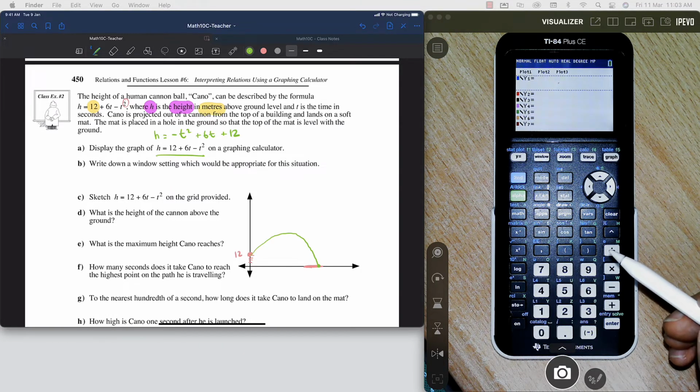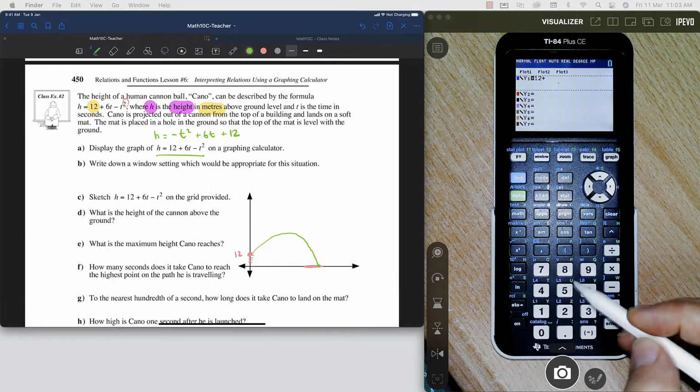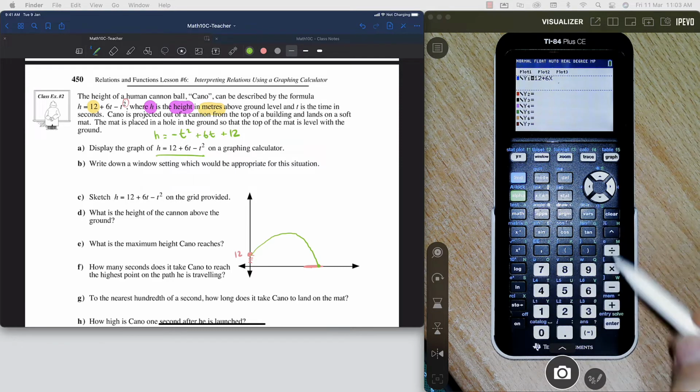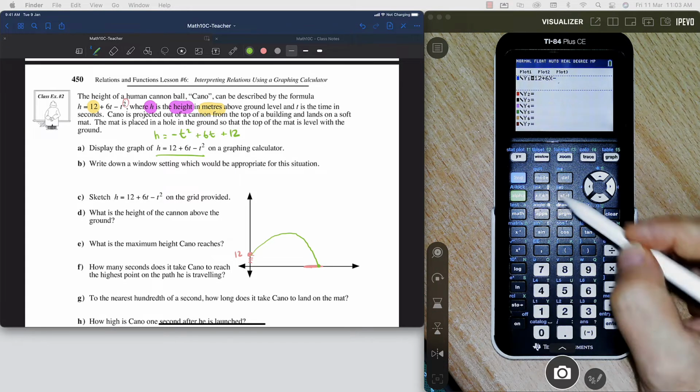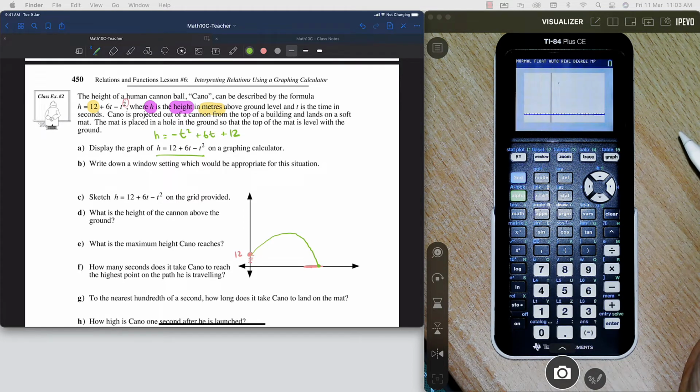Okay, so this is going to be 12 plus 6t, which will be x, and minus x squared, and then we will graph it. And what the heck is that? Okay, it looks like we got a flat graph.